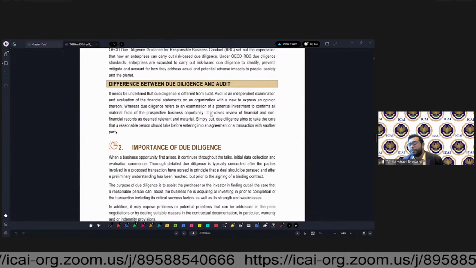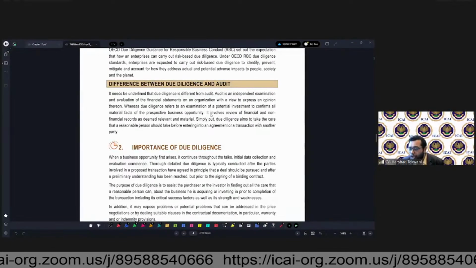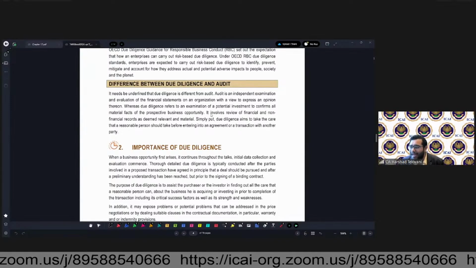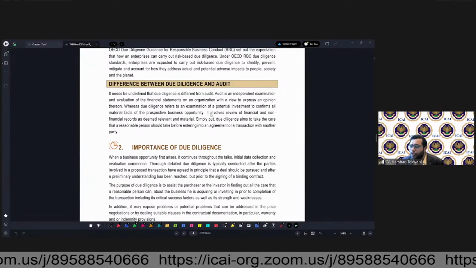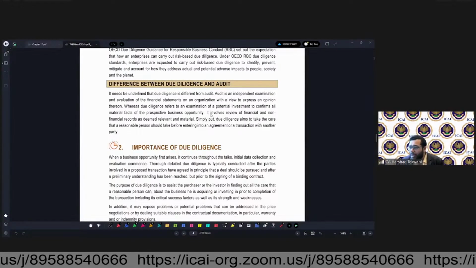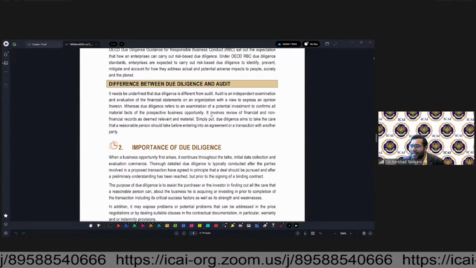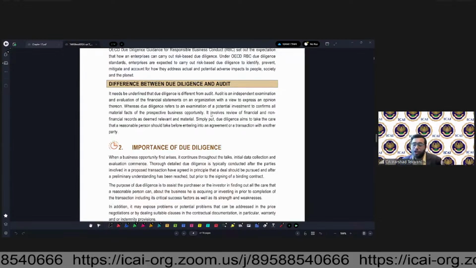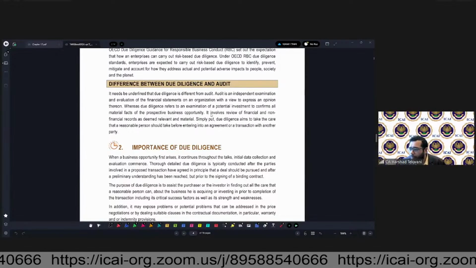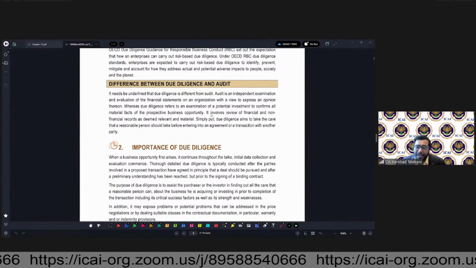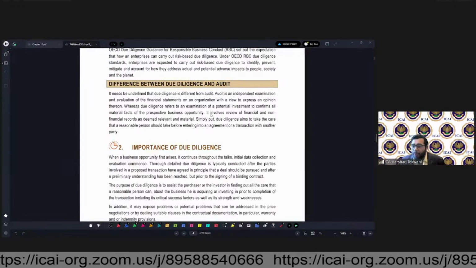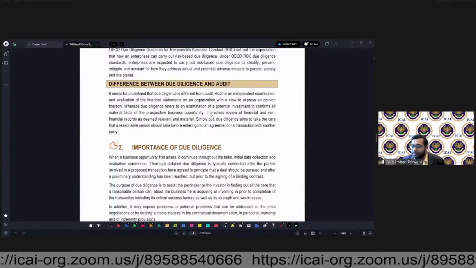Then comes the standards. For audit, we have the auditing standards and Ind AS issued by ICAI. But for due diligence, there is no specific set of standards that is required to be followed.